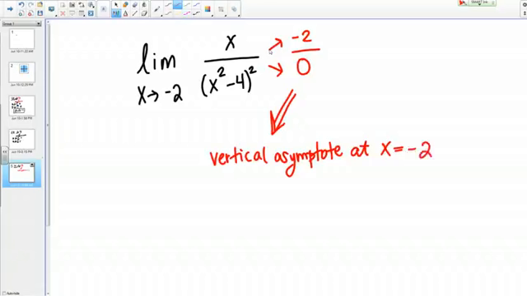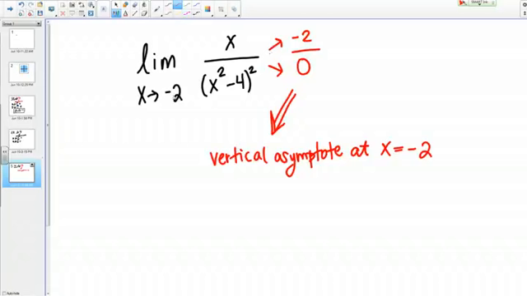Knowing this tells me a lot about the limit as x goes to negative 2. It tells me that on either side of the asymptote, the function's either going to negative infinity or positive infinity. So I need to check both sides of that asymptote to see what's actually happening.